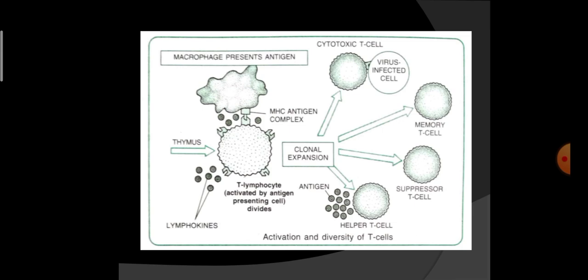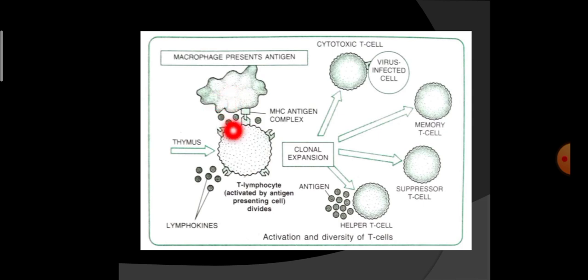Here you can see the activation. This is the antigen and the MHC antigen complex that has been identified by the T lymphocyte. The T lymphocyte has identified and attached.